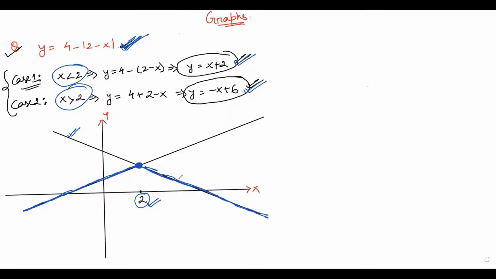So this blue color graph represents the graph for this equation. Also, at x equal to 2, we can find the value of y by using either of these lines, as both these lines will give us the same value of y, which would be y equal to 2 plus 2 or y equal to minus 2 plus 6, that is 4.